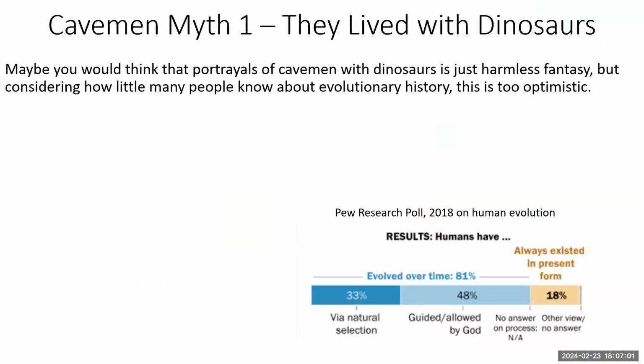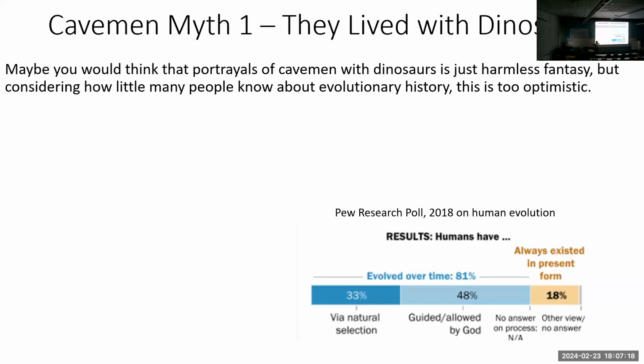And maybe you would think, well, this is just fantasy. This is just fun. No one actually believes that humans coexisted with dinosaurs. But considering how little Americans, for example, know about evolution and human evolution, I think this is too optimistic.